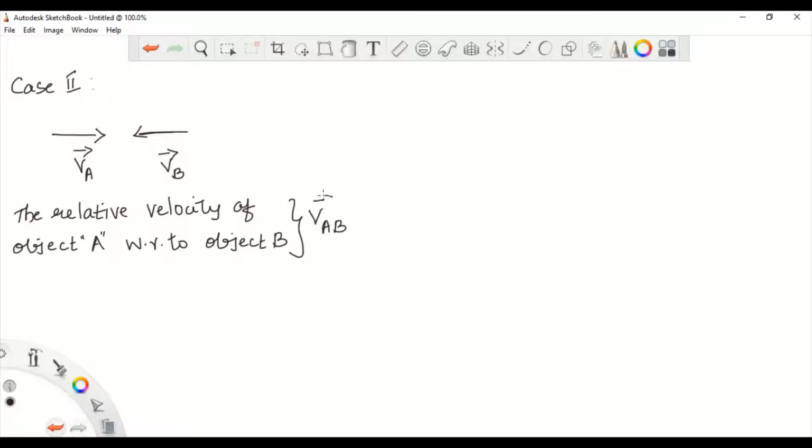VAB is equal to VA minus VB, because the second object is moving in the opposite direction, right? So this minus of minus will get plus. So what will you get? VA plus VB. This negative sign represents that the second body is moving in the opposite direction.